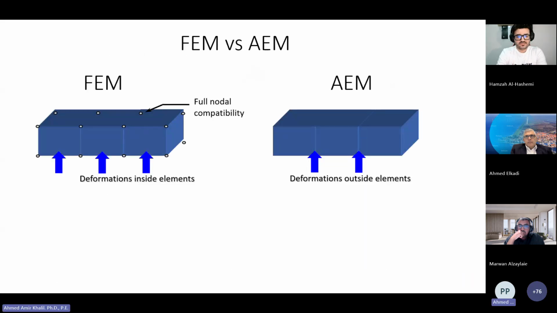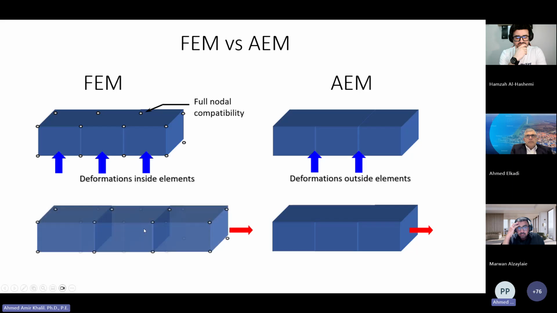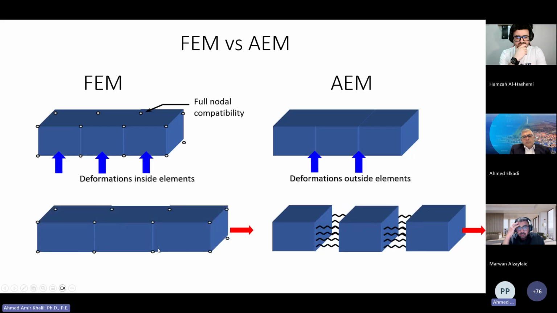So I went in an inverted way, starting with the final outcome, and now I'm trying to show how it all started. So in the finite element method that we're all familiar with, we have the deformation happening inside of the elements. So as you put tension on this column-like structure, on this bar, the elements become longer.